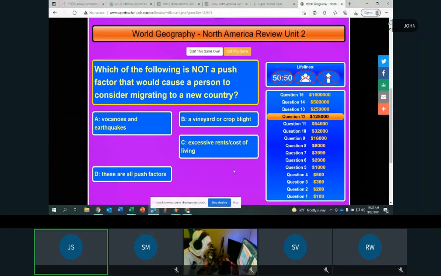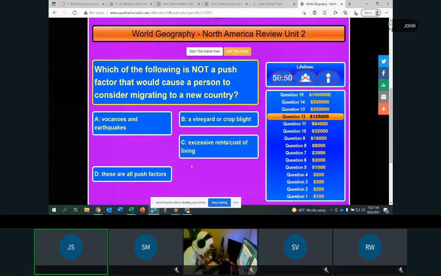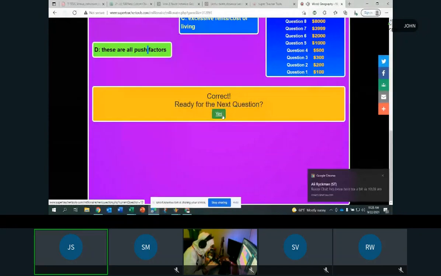So most of you said D. We don't have any more lifelines left, so let's select D here and see what happens. D is the answer. All of those are push factors.